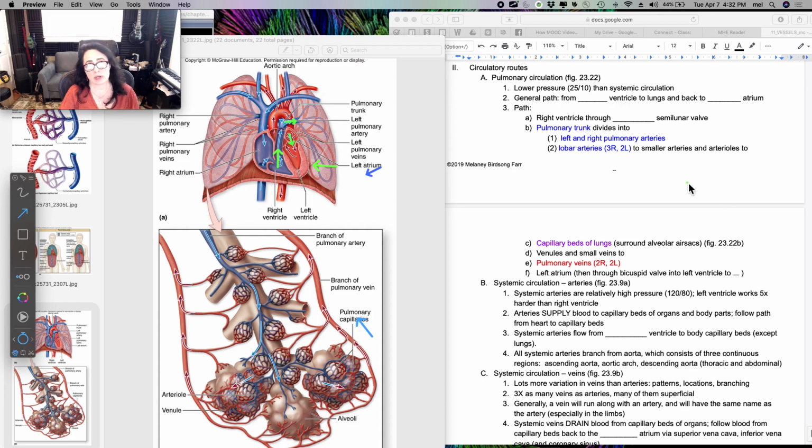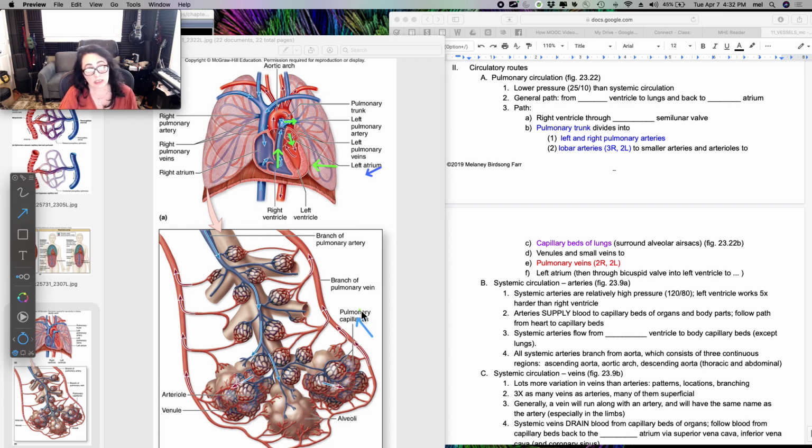Now, these aren't shown here, but I will go ahead and tell you, even though I wouldn't ask you off of a figure, I just want you to understand that since there are 1, 2, 3 lobes on the right lung, and only 2 on the left, don't be surprised that when you go from the left and right pulmonary arteries, you branch into 3 right lobar arteries to go to the 3 right lobes, and 2 left lobar arteries, and then you start branching into smaller and smaller arteries and arterioles until you get to the capillary beds of the lungs.